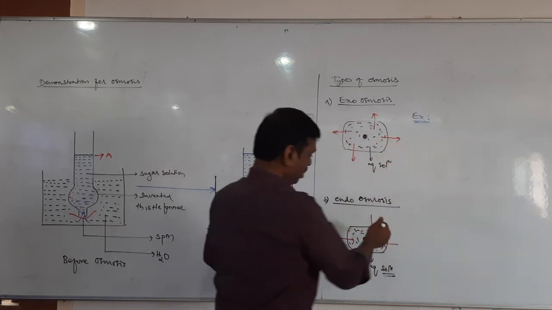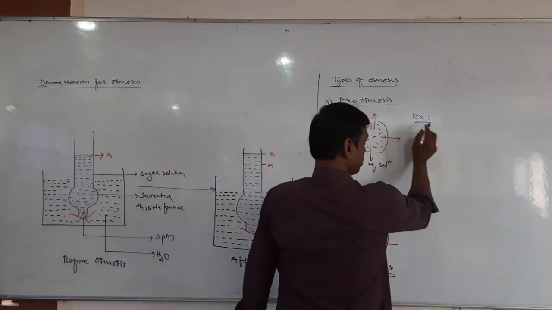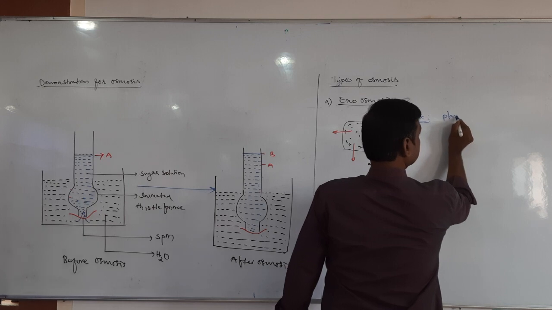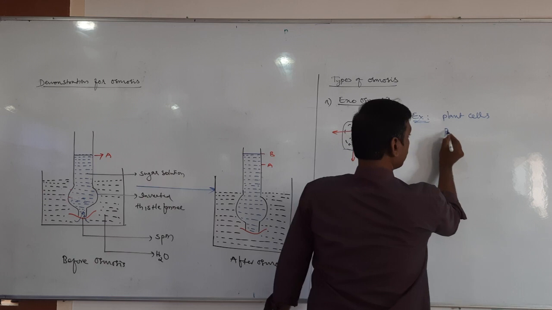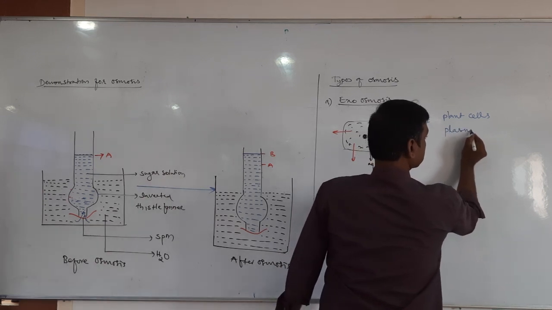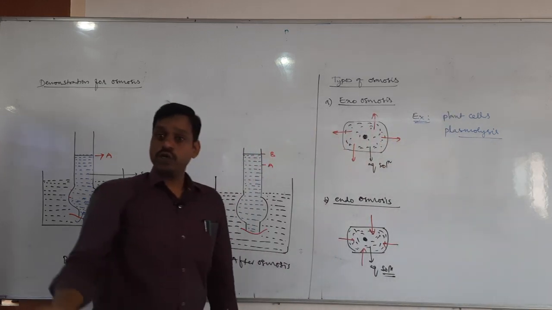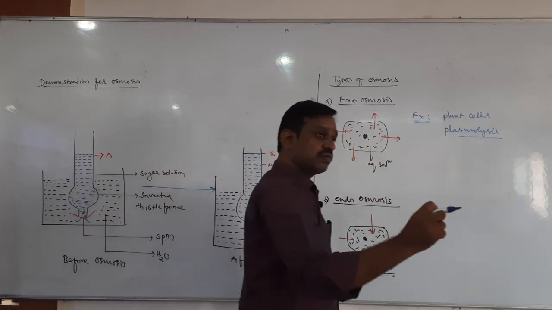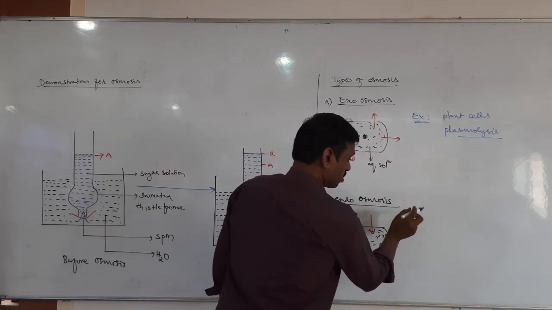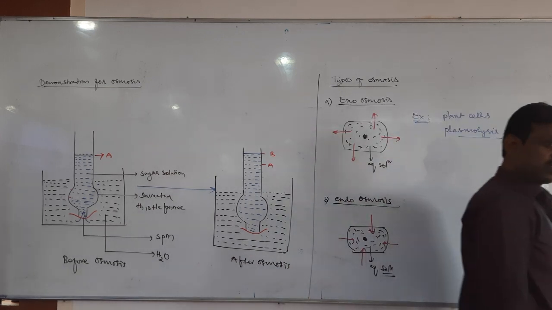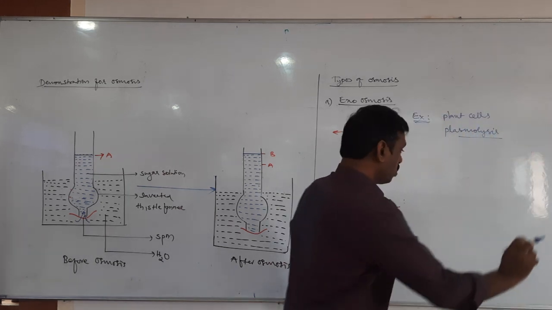So both endo and exoosmosis are observed in plant cells. If exoosmosis takes place in plant cells, it is called plasmolysis. Have you studied in botany? Due to plasmolysis, plant cells shrink. Then endoosmosis is also observed in plant cells. If endoosmosis takes place in plant cells, it is called hemolysis.